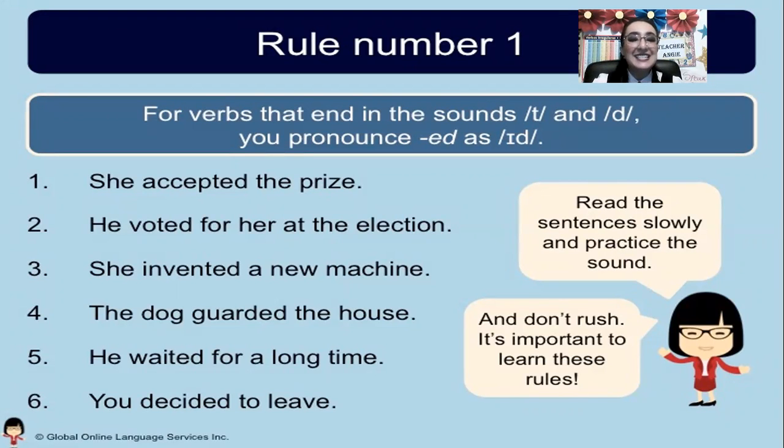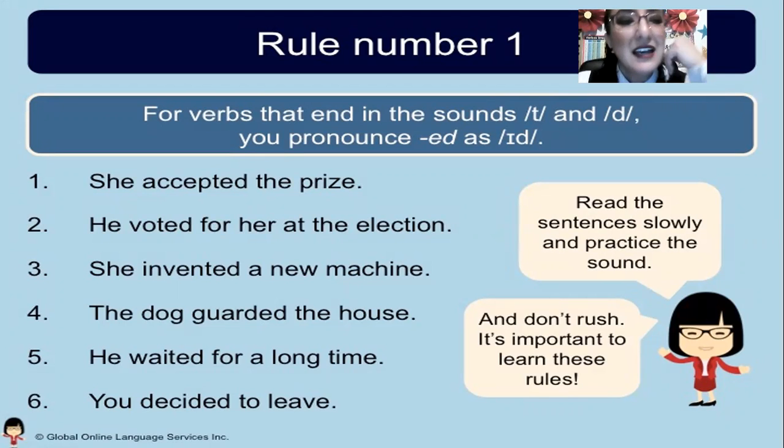He waited a long time. You decided to leave. Okay. What are we going to be doing? You are going to read the sentences slowly and practice the sound. And don't rush. It's important to learn these rules, please.